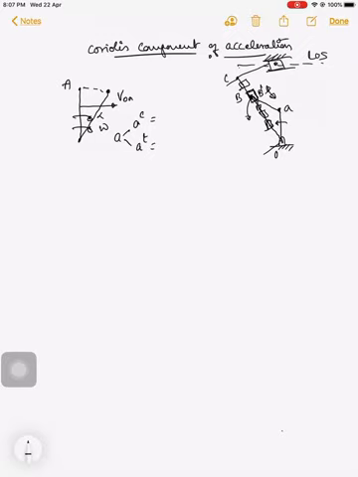The centripetal component is given by V square by R, and the tangential component is given by alpha into R. This is the magnitude we are talking about.